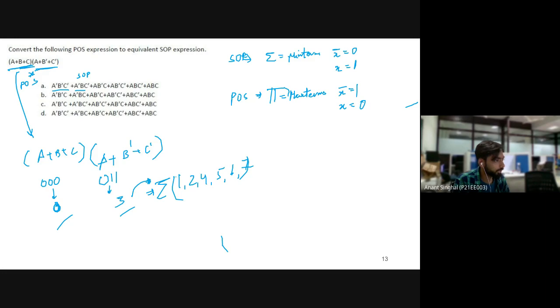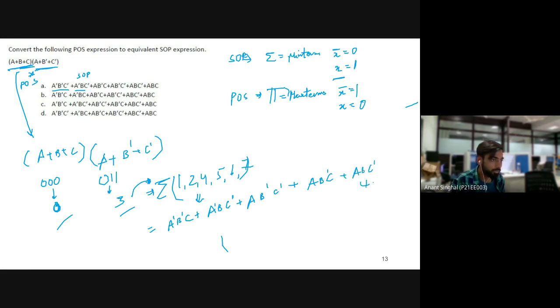Now let me try to write this. In min terms, as we have seen, bar is denoted by 0 and a normal variable is denoted by 1. So 1 is 0 0 1, which is A bar, B bar, C. Then 2 is 0 1 0, A bar, B, C bar. 4 is A, B bar, C bar. 5 is A, B bar, C. 6 is A, B, C bar.